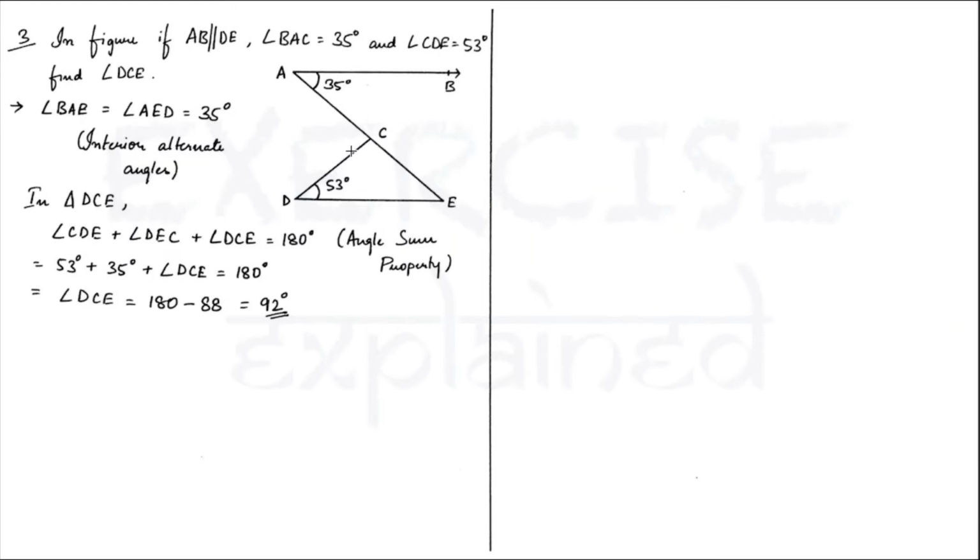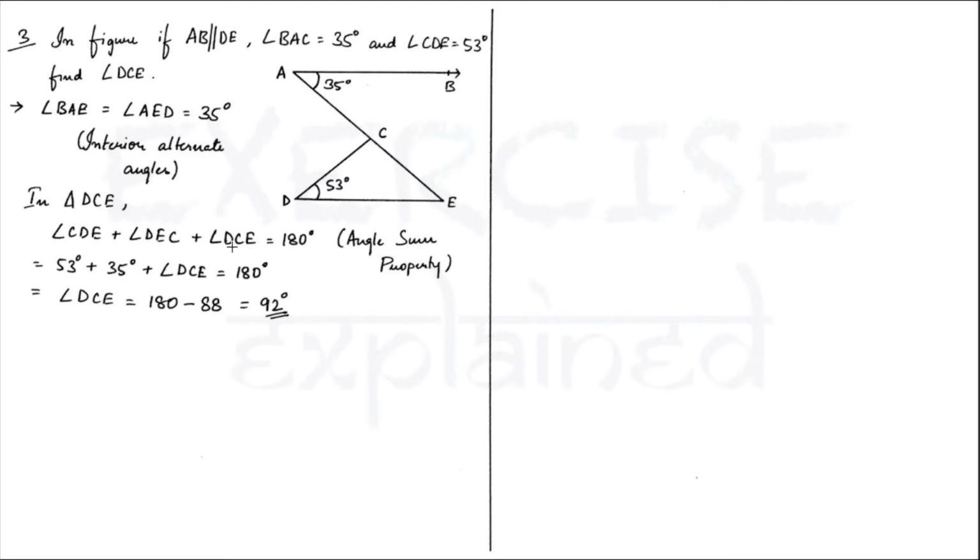So we take this triangle DCE, you can see I've taken it here. So what I do is, I add all the angles, that is CDE plus DEC plus DCE is equal to 180 degrees. So CDE, I know it as 53 degrees. It's been given in the question. DEC, I just found out to be 35 degrees.